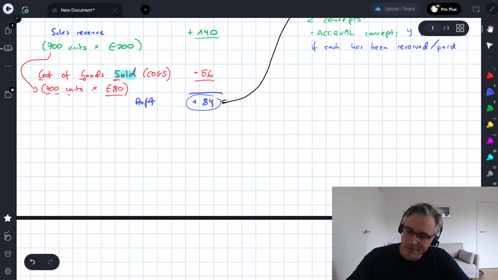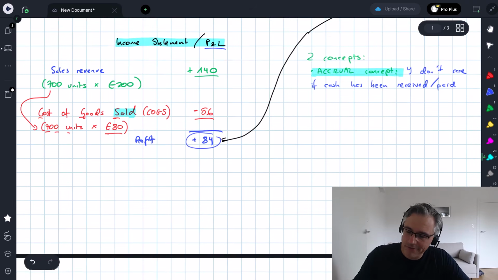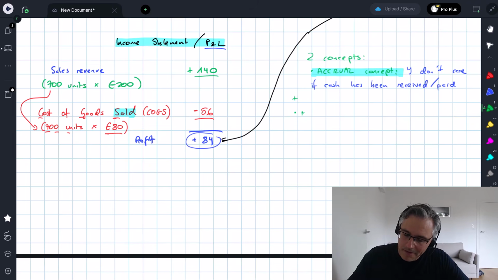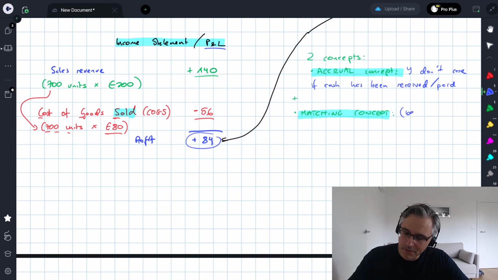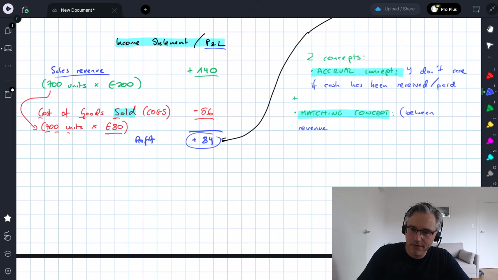Another very important rule, aside from the accruals concept, is the matching concept, which we also find evidence of here. And when I say matching, I mean making sure there is a match between the sales revenue and associated costs.